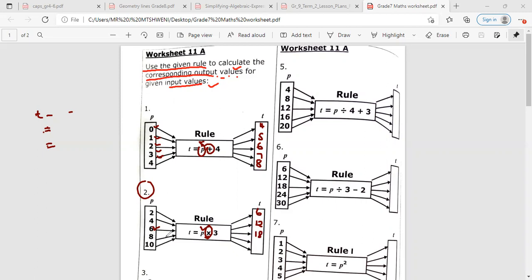Now you come to 8 multiplied by 3. What do you get? 24. Then 10 times 3, what do you get? A 30. Now it's more clear.